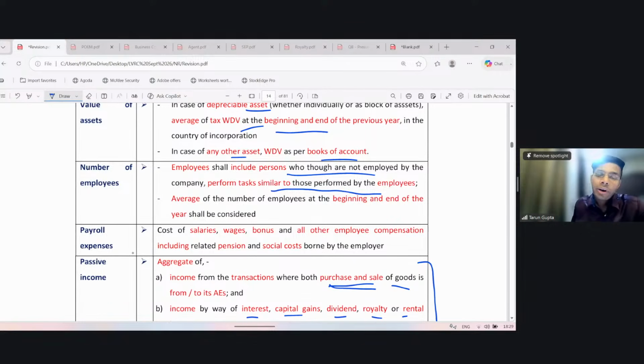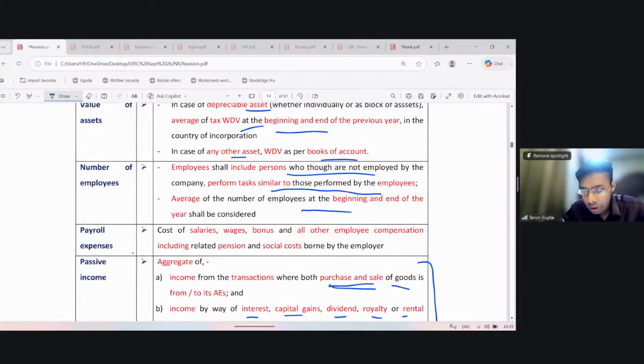So even if any person is not a formal employee of the company, is a contractual person, then also they can be treated as an employee if the task performed by such person is the same as performed by the employees of the company. And the average number of employees at the beginning and end of the year should be considered.